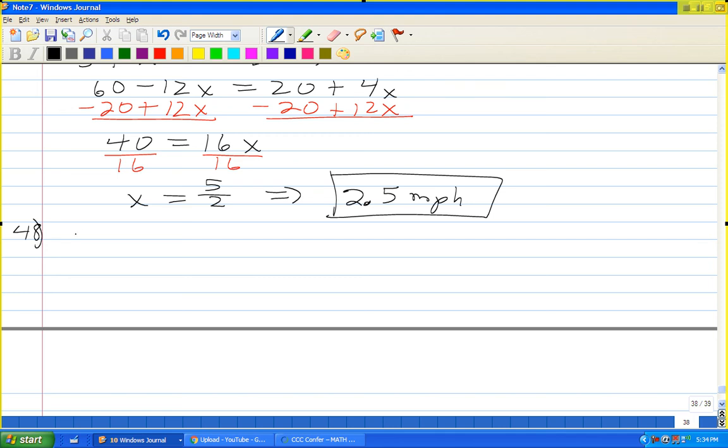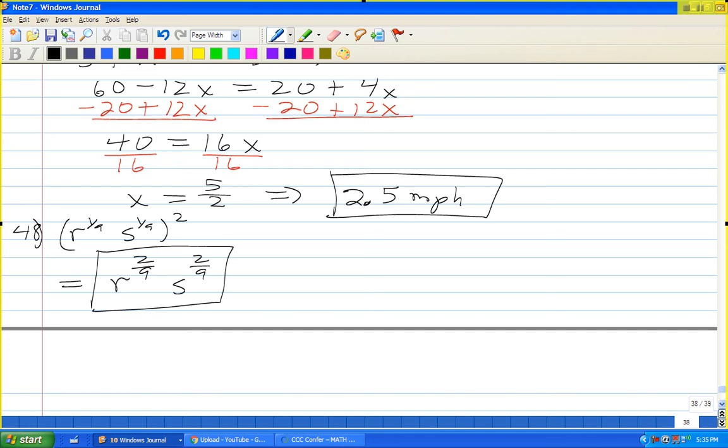R to the 1/9 S to the 1/9, squared. So this is equal to 2 times 1/9 is 2/9. 2 times 1/9 is 2/9. And that is your answer.